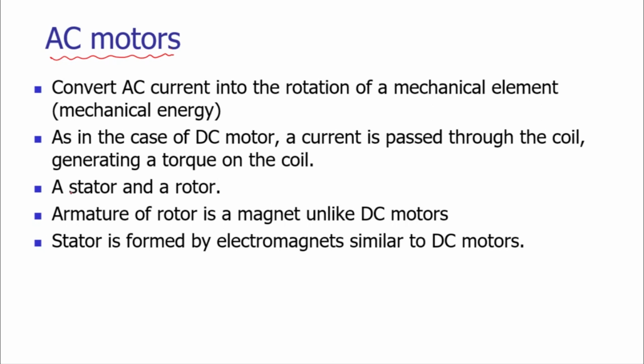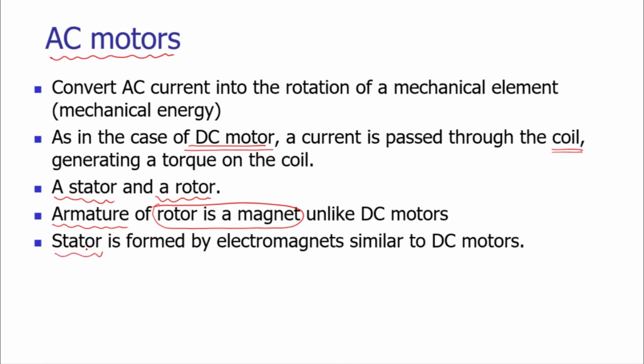In AC motor as well, we are using a stator and a rotor, but in AC motors we are using the rotor as a magnet. So in DC motor there was a current carrying coil, but instead of a current carrying coil, we are using a permanent magnet as a rotor in the AC motors.